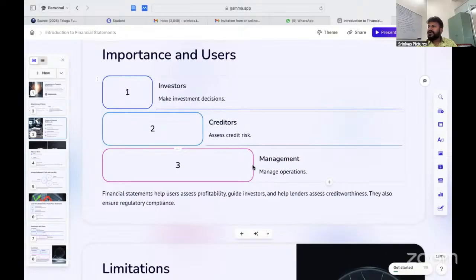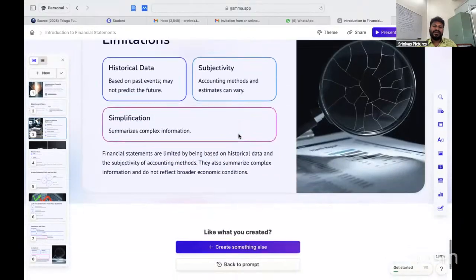If the management wants to take any decision based on operating results, they will take it. So these financial statements help users assess profitability, guide investors, help lenders assess creditworthiness, and also ensure regulatory compliance. So this is the importance and uses of the financial statement.